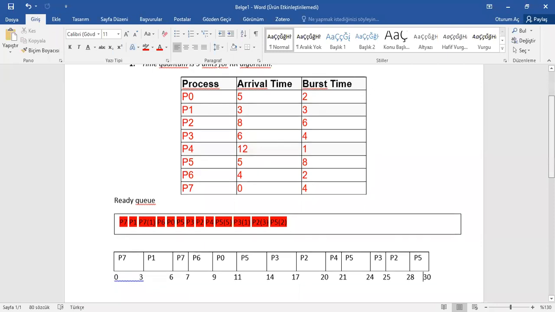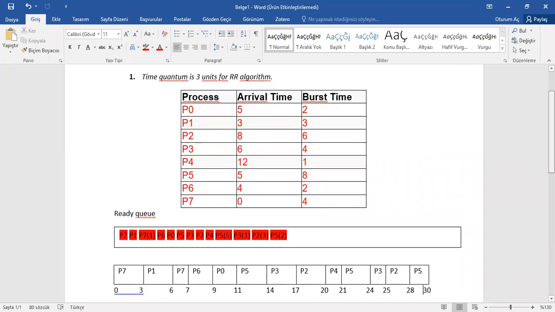So actually this kind of example is much closer to how a real computer system works. I tried my best to solve the question. I hope you understood it.